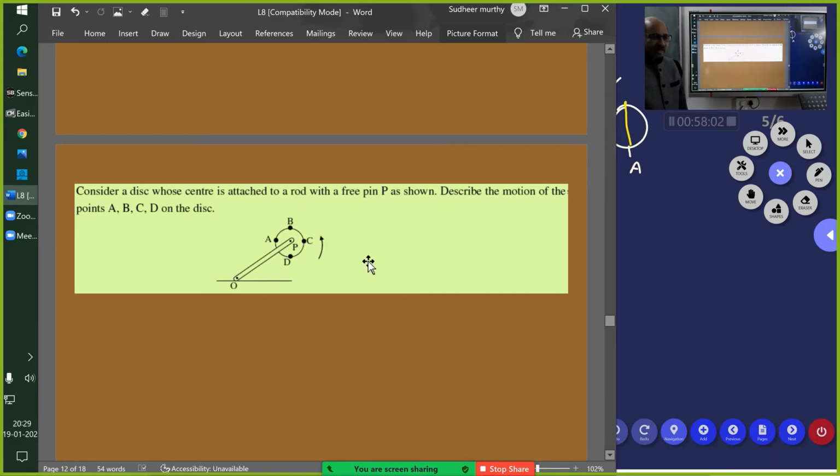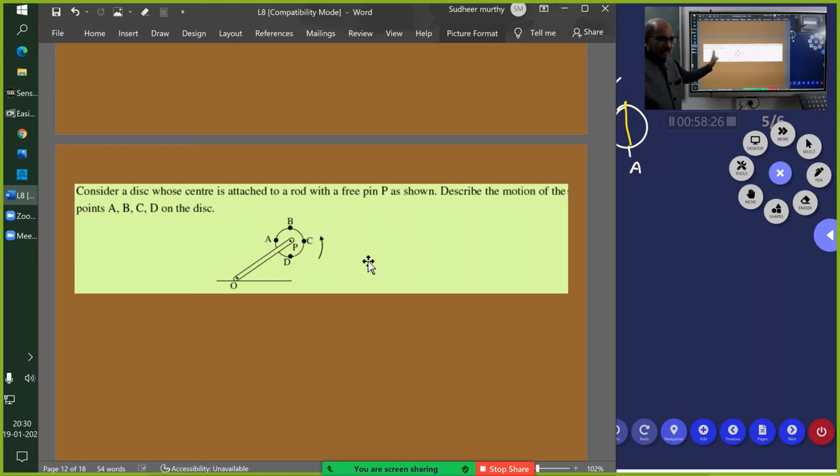Understand? So, see, if the rod moves, the disc will also move. That is, this point P will translate. Point P will perform circular motion with a radius of the length of the rod.